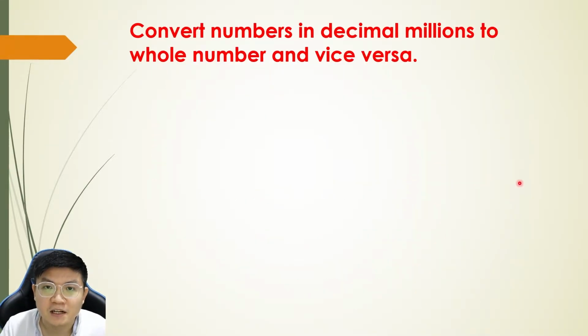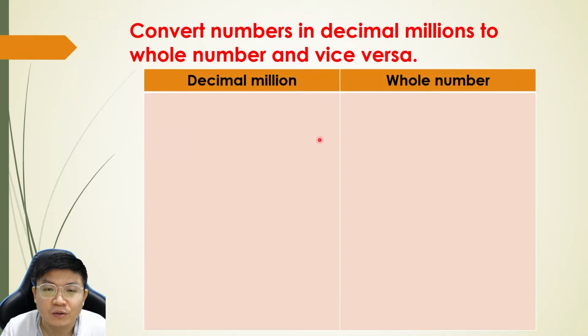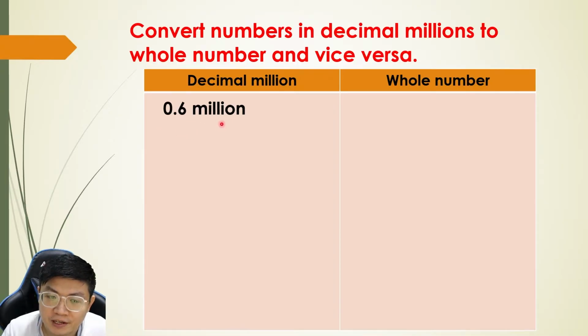The next skill I'm going to teach you is converting numbers in decimal million to whole number, right? Decimal million to whole number. All right, so first example, let's see 0.6 million. Now, you know how to read it, right? 0.6 million. But how do you convert it into a whole number?